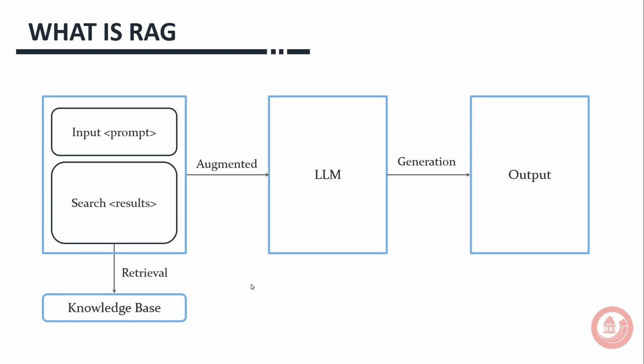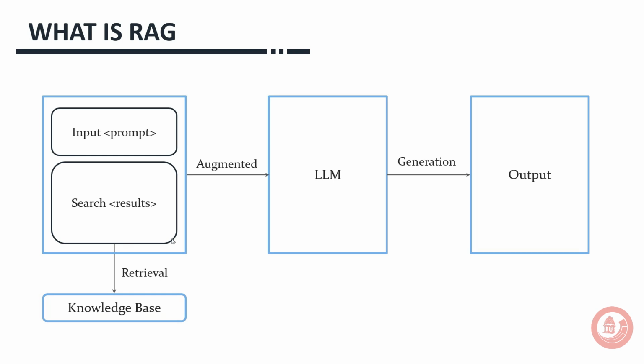Whenever you have an input, you have to attach the search results. Basically, if somebody asks any questions around your knowledge base, then you need to do a search within your platform, within your SharePoint or any other repository that you have, and get the associated documents, maybe the top 3 or top 5 documents, which is nothing but the search results.